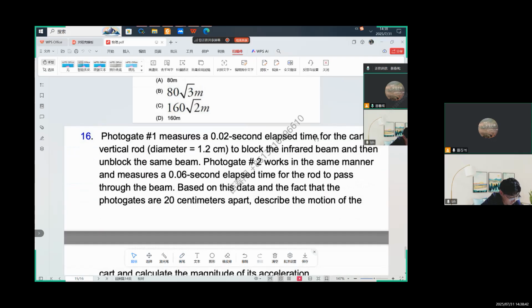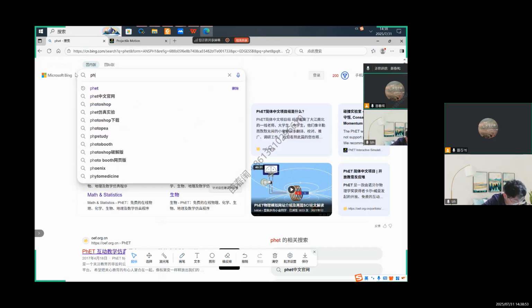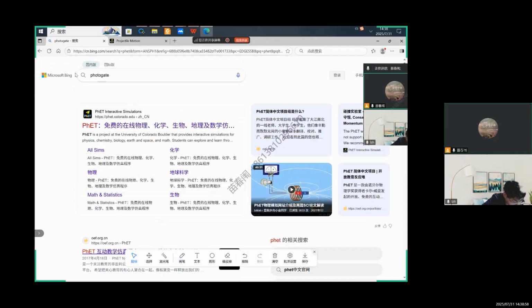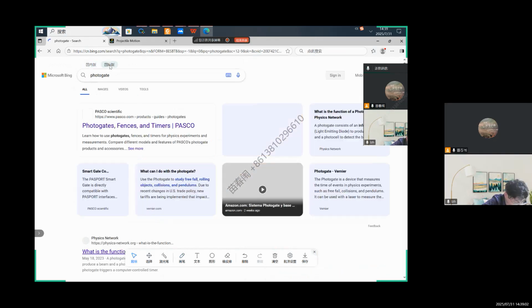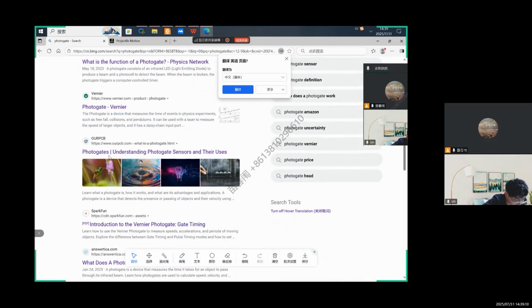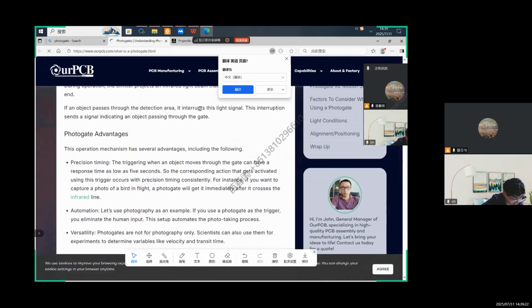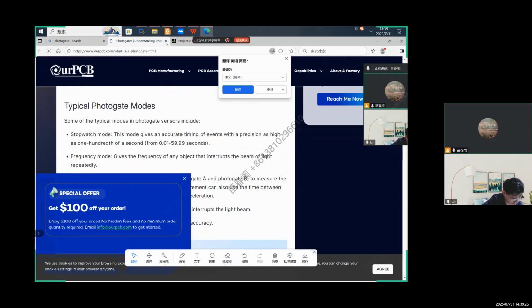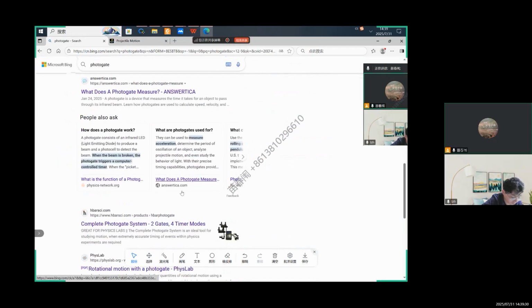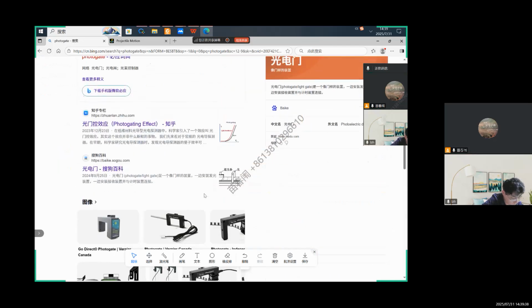Photogate. Have you seen a Photogate? Let me look up a picture of a Photogate.